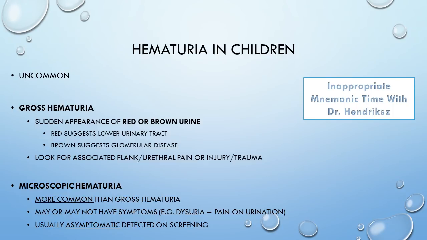So could it be bladder cancer? Could it be something like Wilms tumor, which is a tumor of the kidney itself? So some sort of tumor in the urinary tract. So infection, trauma, tumor, and then stones, nephrolithiasis. Those are the big general categories you think of when we think about patients with hematuria.